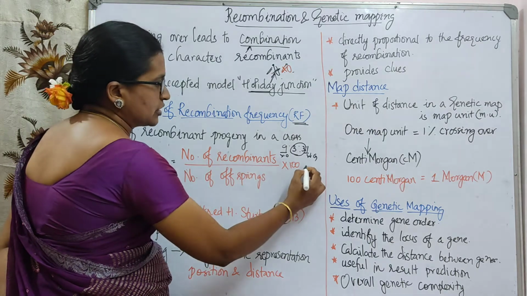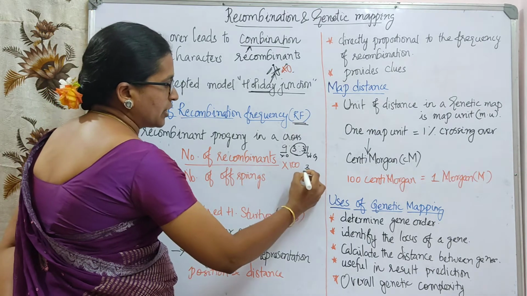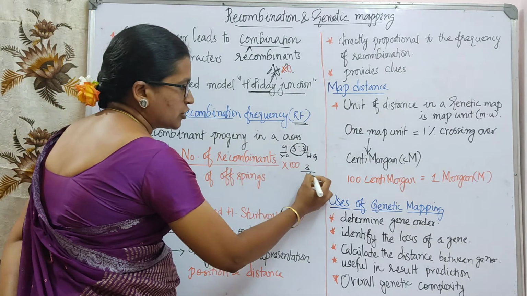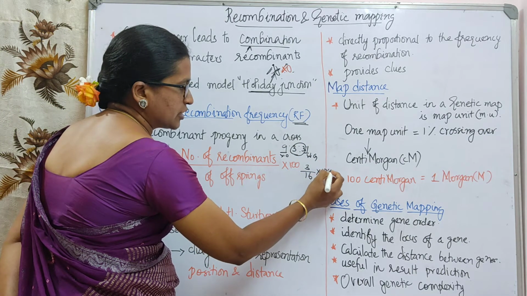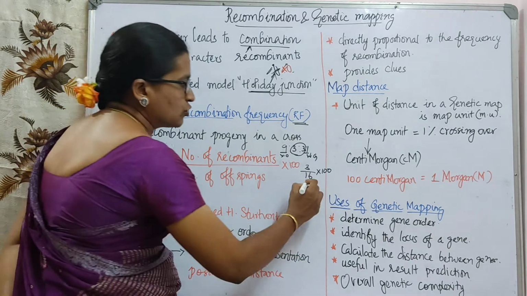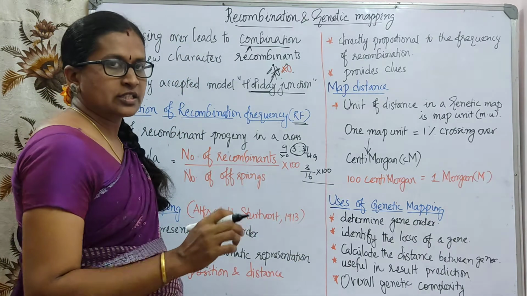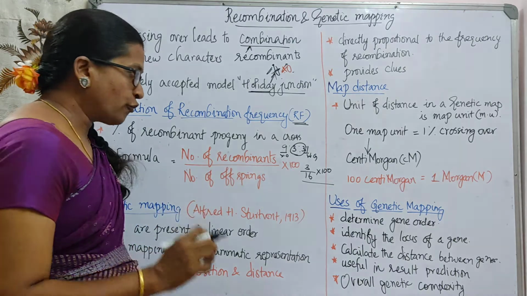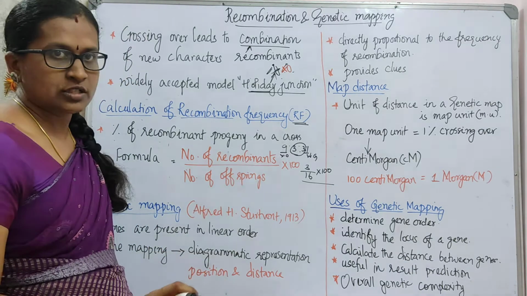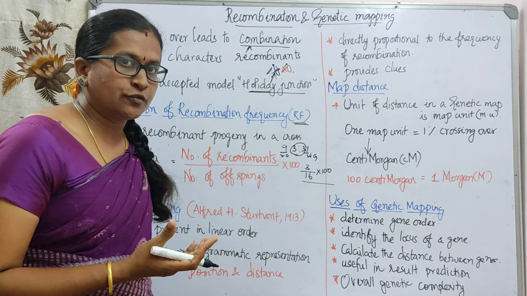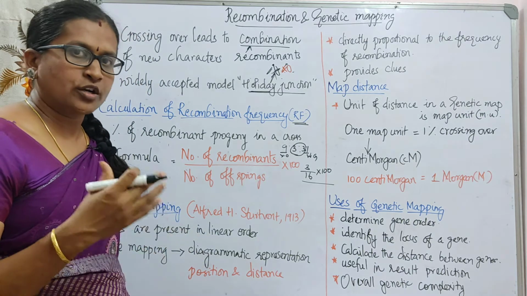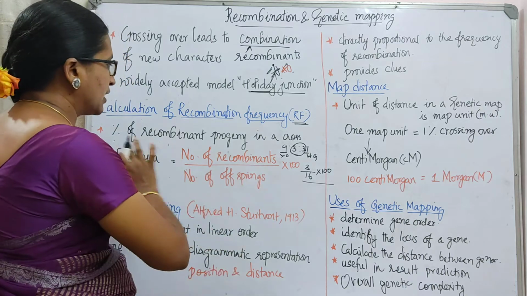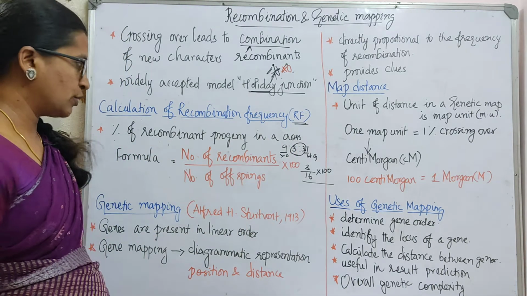Number of recombinants is 3 divided by total number of offspring. We have 16 offspring, so 3 divided by 16 into 100. This gives the percentage, which is the recombinant frequency of the dihybrid cross. Like that we can calculate it for so many crosses. Whatever type of Mendelian crosses there are, all can be calculated by this simple formula.